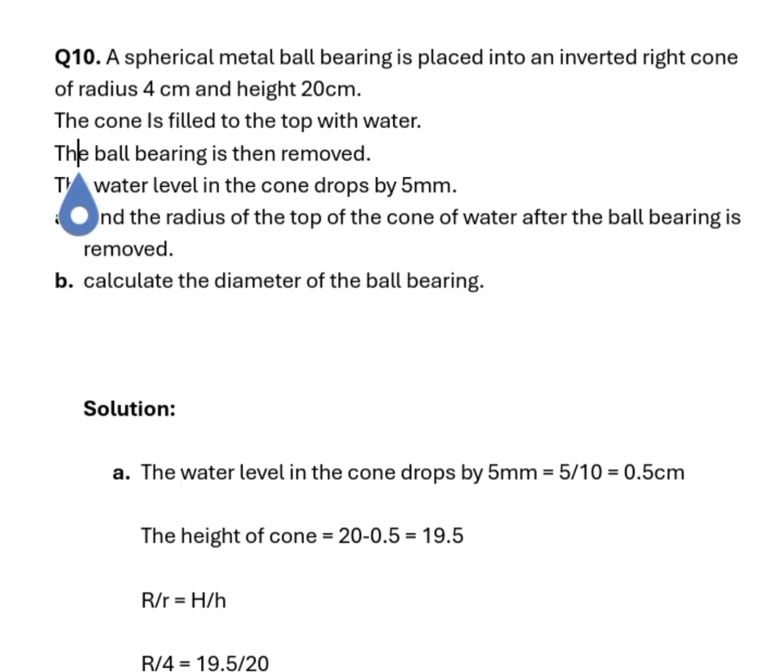So in part A we have to find the radius of the top of the cone of water after the ball bearing is removed. We have been given a spherical metal ball bearing placed into an inverted right cone of radius 4 centimeter, and height 20 centimeter, and the water level in the cone drops by 5 millimeter.